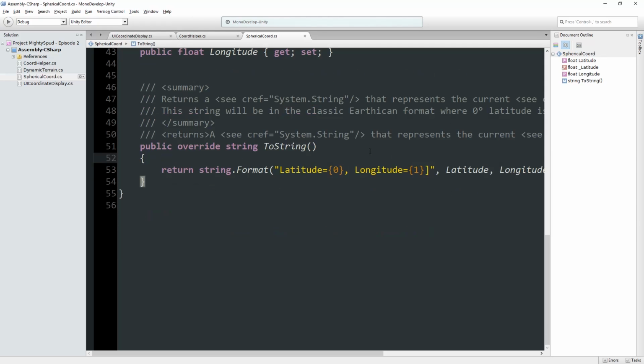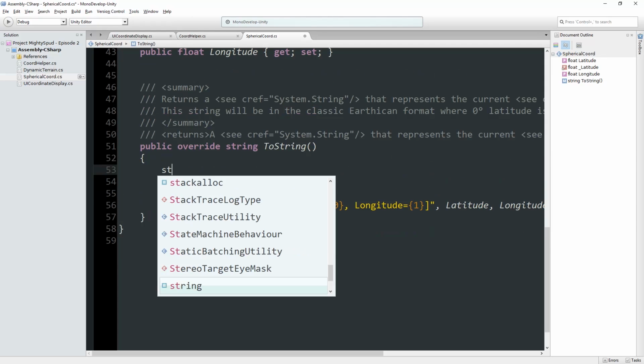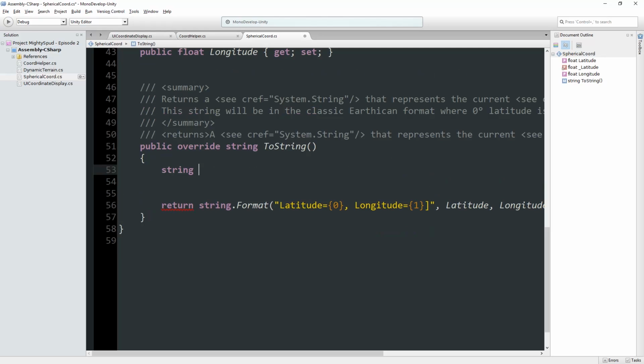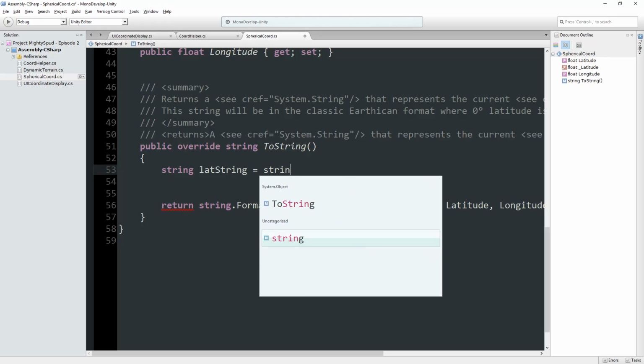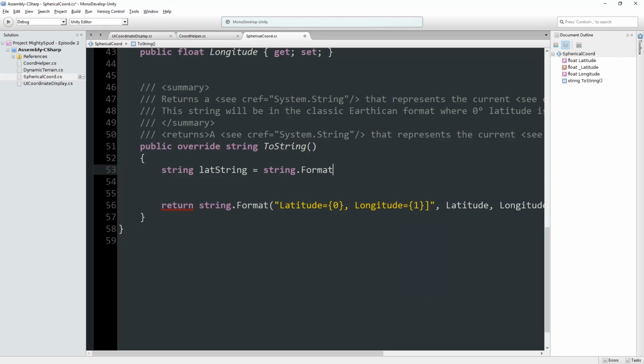So what we want is we want this formatted how? I guess I want a string called lat string, which is going to be equal to another string.format. That's fine. It is going to be equal to some number degrees.